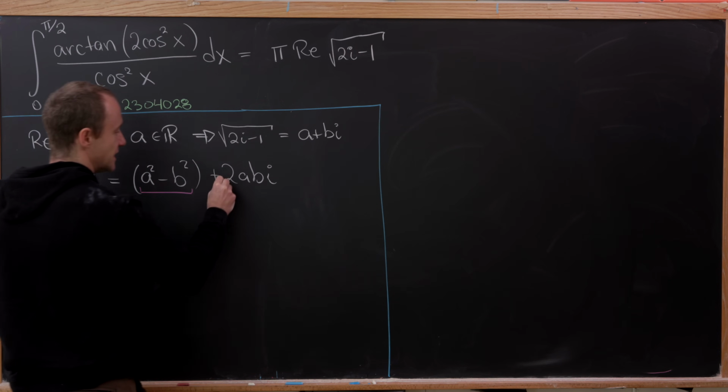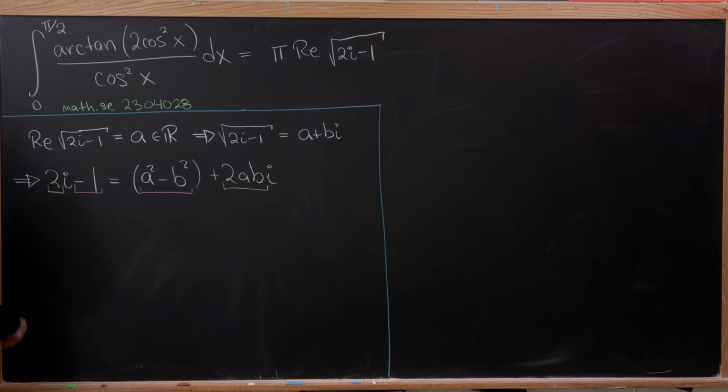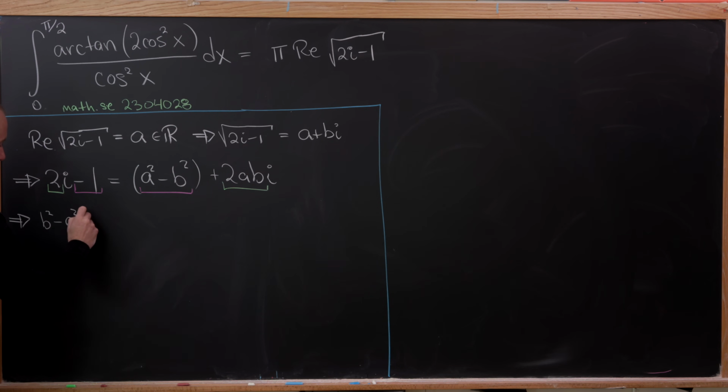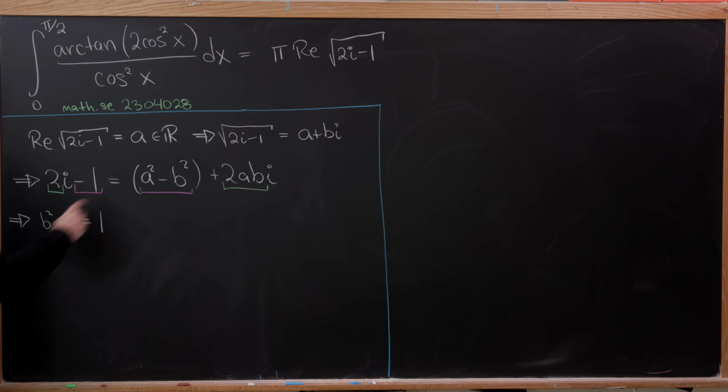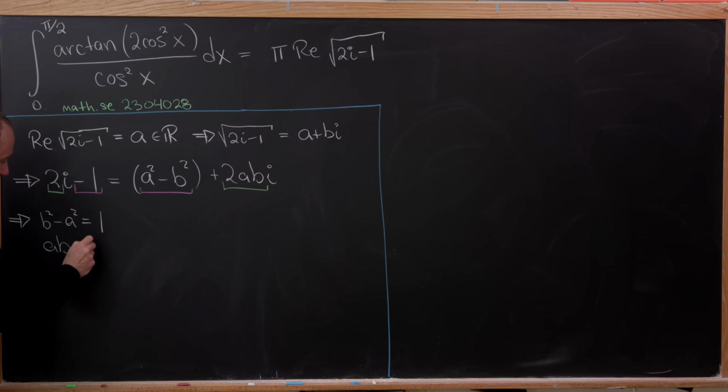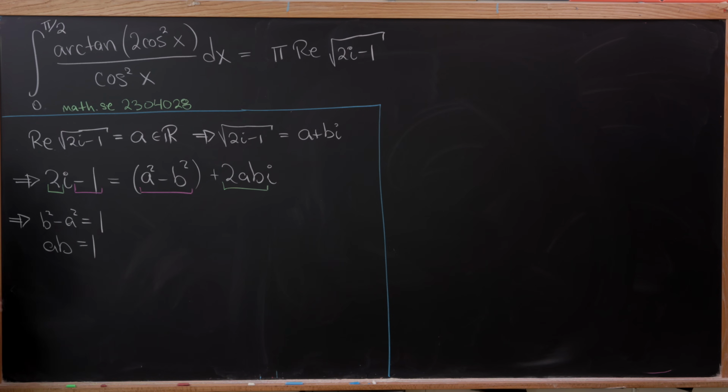So 2 will be equal to 2ab to give us a nice system of equations. And that'll be b squared minus a squared is equal to 1. I just flip the sign there. And then a times b is also equal to 1. That's from dividing that by 2.